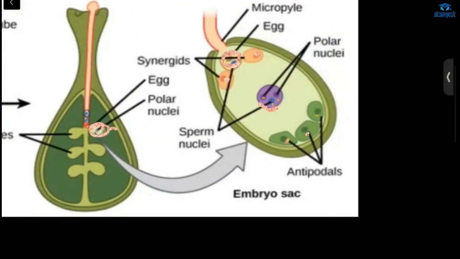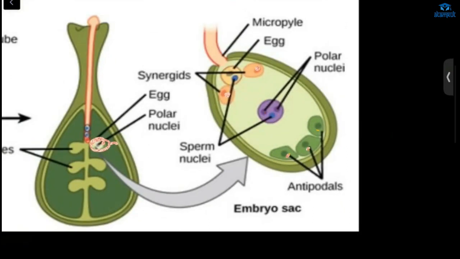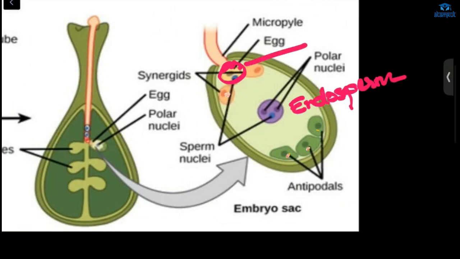And after that, two things will happen. There are two male gametes. One male gamete will fuse with the egg, and this is called syngamy, which is fertilization, and it will form the zygote.